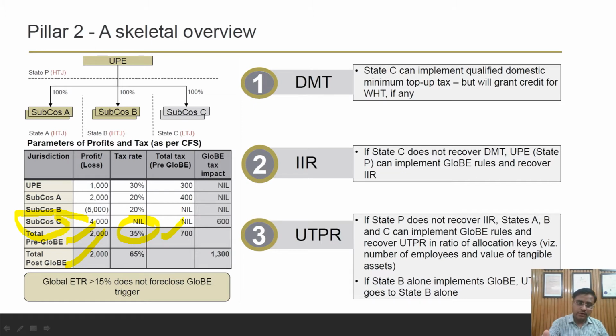Since you are situated in State C where your ETR is 0, top up tax is applicable and you fall under the Globe rule. So what is the impact? You are going to tax your 4,000 Dubai income at 15%. Since ETR is 0, 15% is top up tax, so the impact is 600. So now your total tax is 1300.